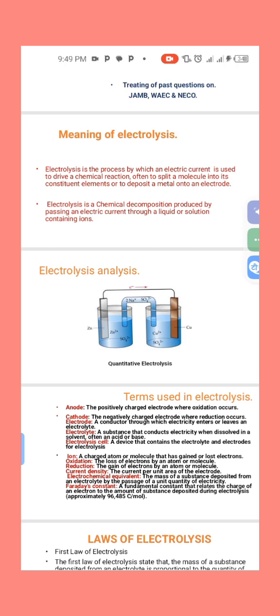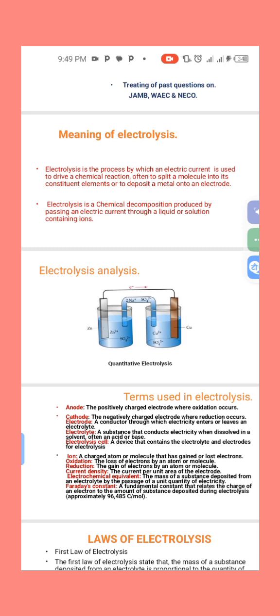It's like when you put normal table salt, sodium chloride, inside water, you will discover that the sodium ion and the chlorine ion will separate. And this is done by using some chemicals and some machine in the laboratory.